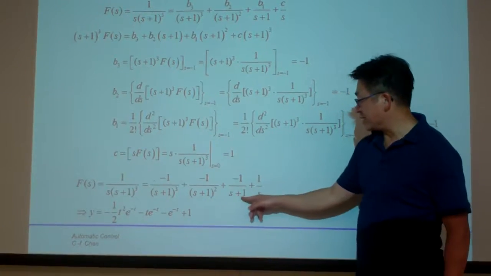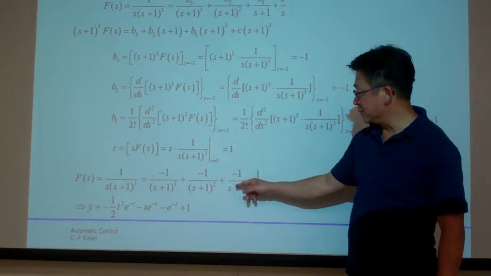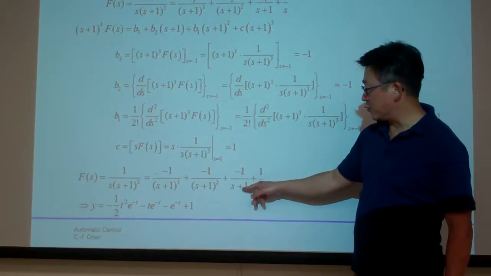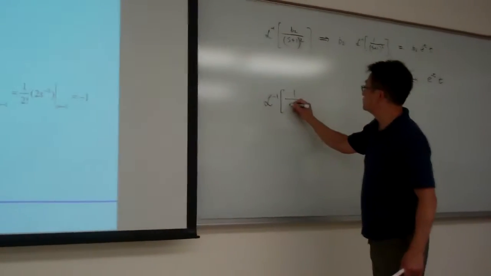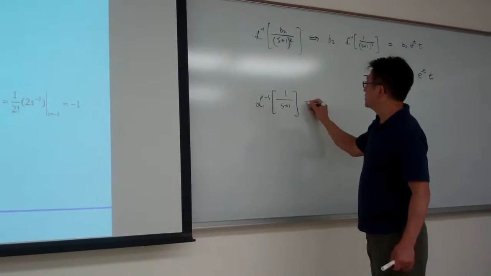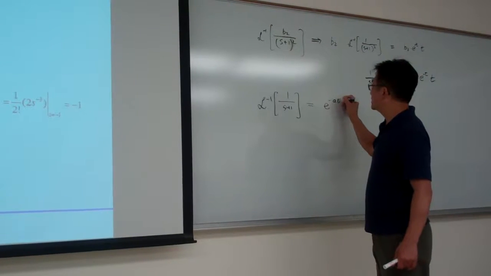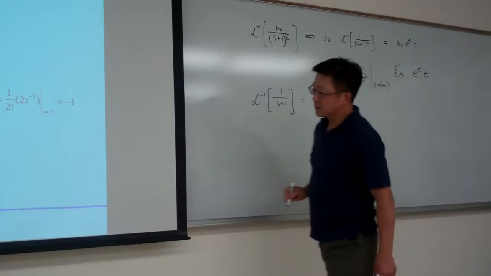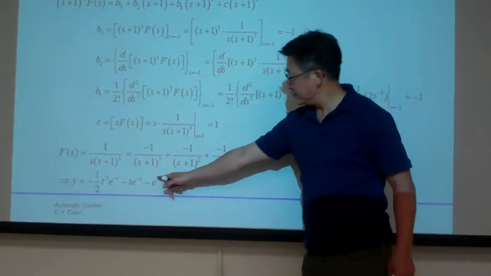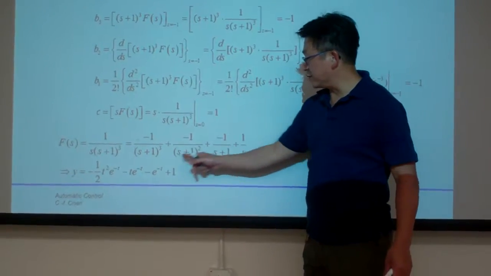And then for this one, that is very straightforward. Basically, the 1 over s plus 1 is basically equal to e^(-at), e^(-t). So that is this term, and multiply with this coefficient.